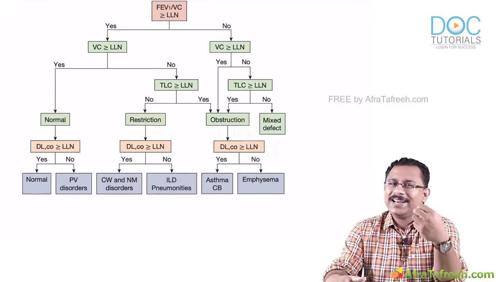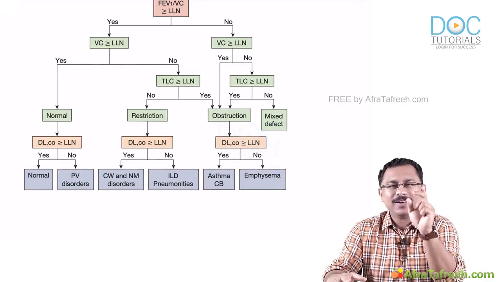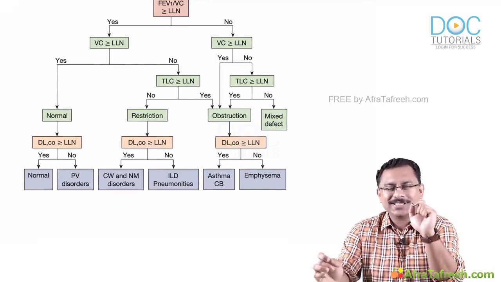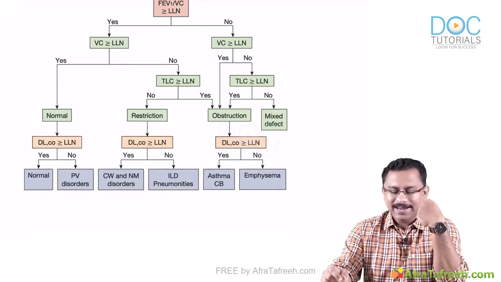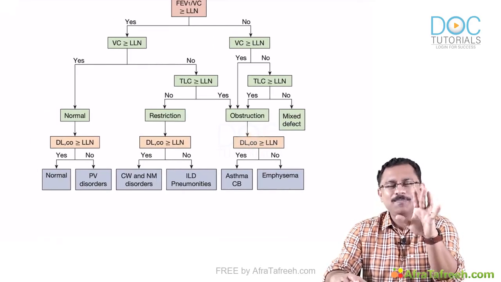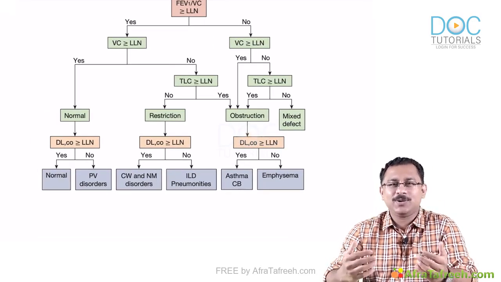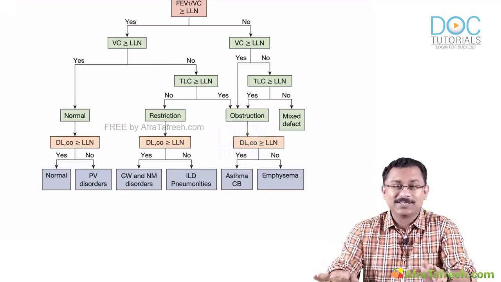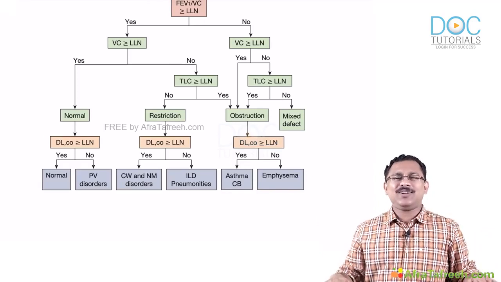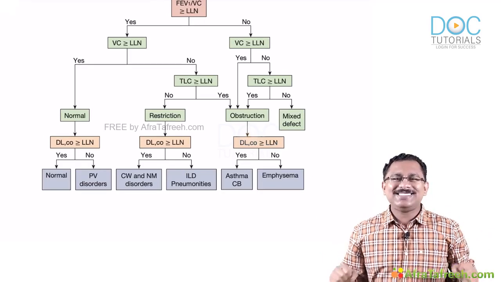Most often, the clinical history will have enough and more clues to make a logical conclusion, but use the values as well to come to your final diagnosis. So this is such a simple topic on the distinction between the restrictive, obstructive, and pulmonary vascular disorders. I hope this is very clear to you. Say yes or no. Is this clear to you?